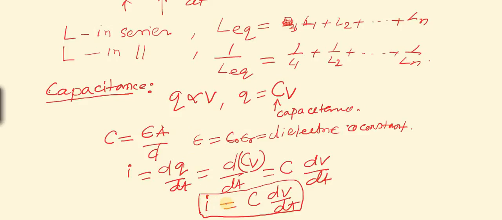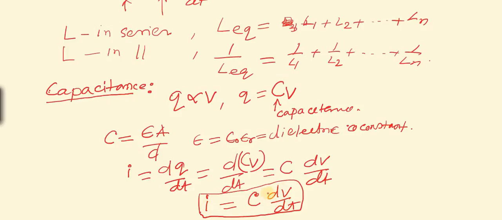Now in this equation you see that when the voltage across any capacitor reaches a steady state value, that means a constant value, then this term becomes 0.